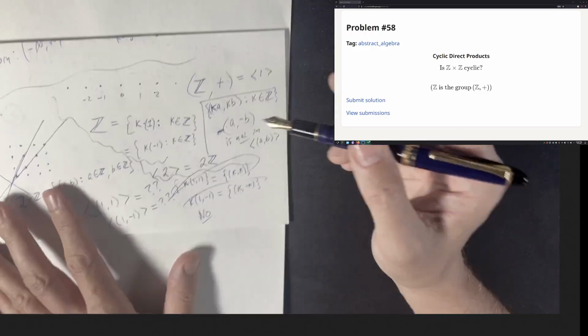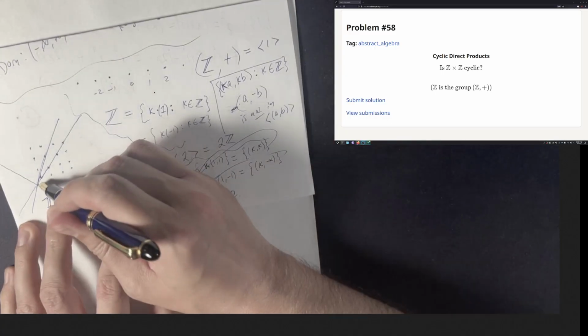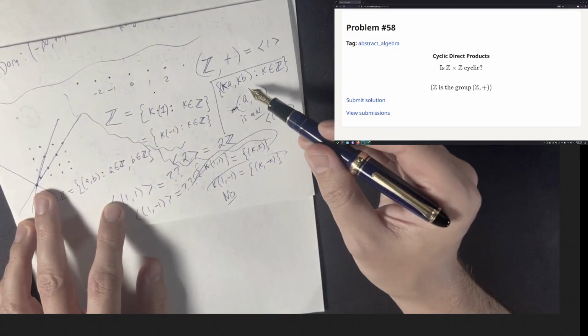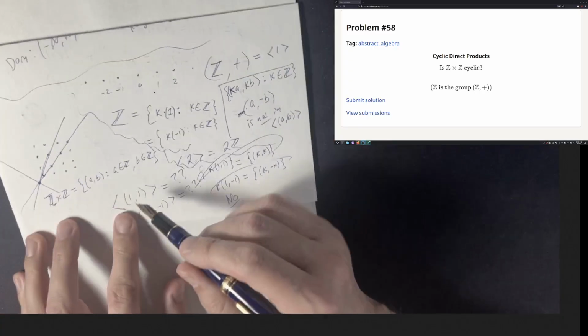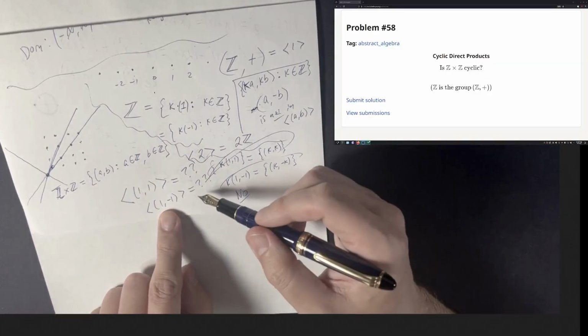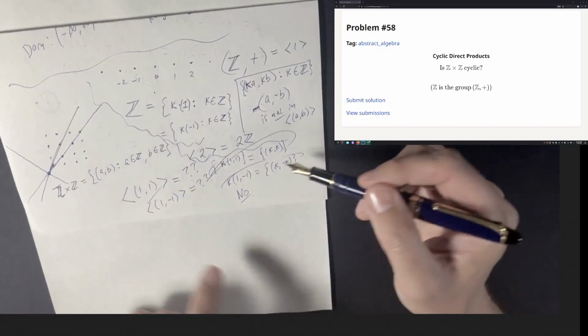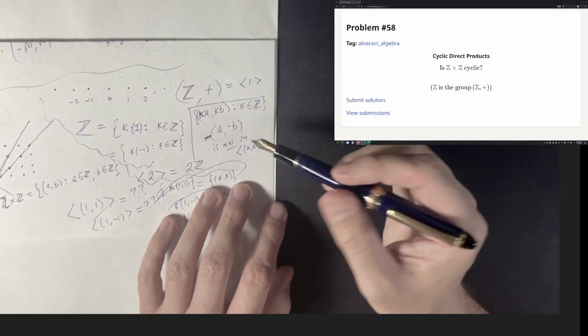Okay? So all you would have to do is demonstrate that the origin is there, for sure, but even if you pick (1, 1), we know that (1, -1) is not going to be in the set that you just generated. So that would be a proof that it's not cyclic.